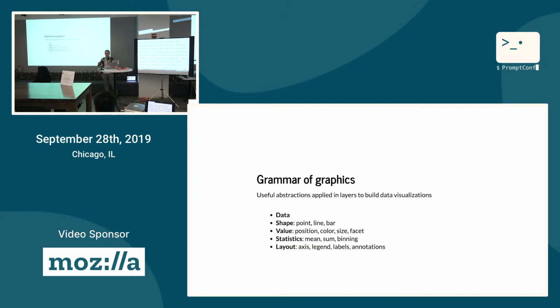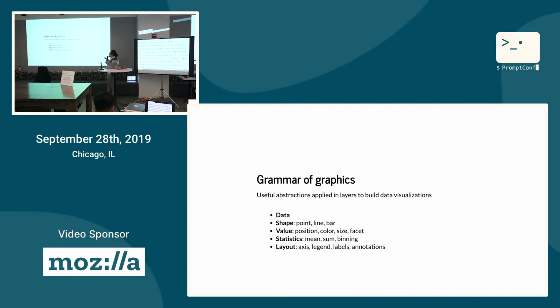So this basically means that you have a framework of useful abstractions that you can apply in successive layers so that you can build a data visualization. And this makes it really easy not just to think about how you're representing your data, but also to explore a wide space of how you can visually represent that data.